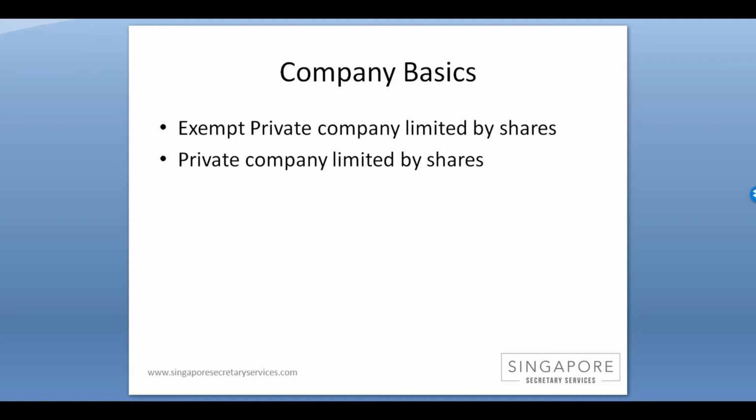If you lose the exempt status, then you're held to a higher degree of audit requirements for your financial year. Essentially, one of the most important differences is that you will actually have to file your financial statements in XBRL format, which is Extensible Business Reporting Language.